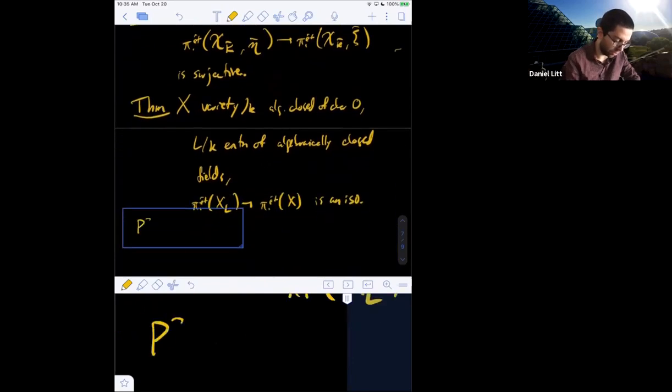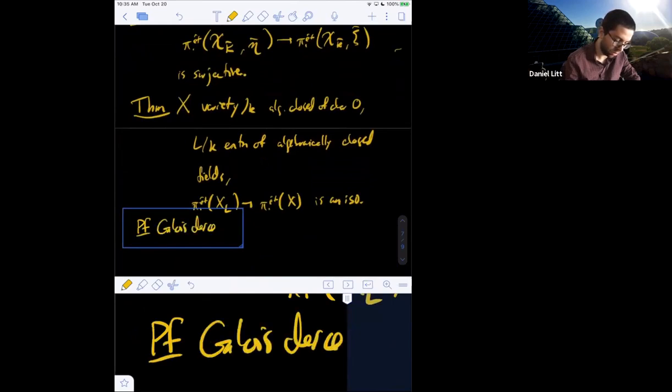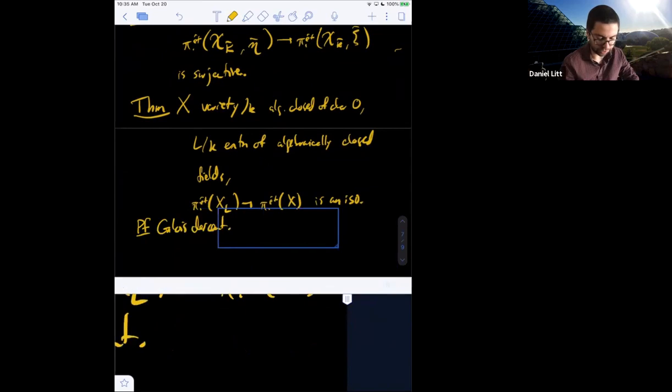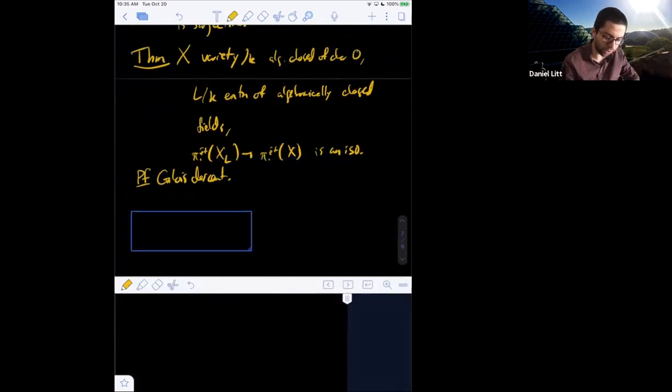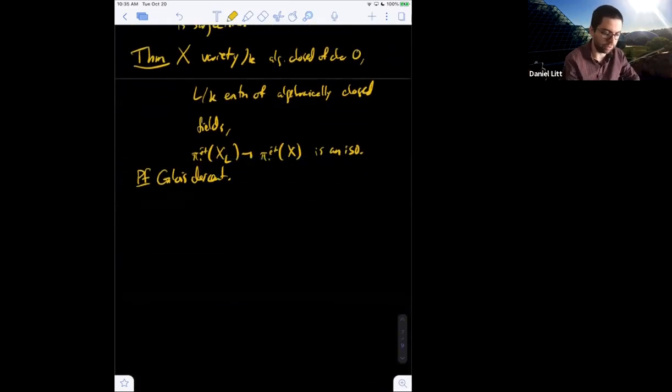Here the proof is Galois descent. The content is that one has to show that any étale cover of X_L is actually pulled back from an étale cover of X. And this follows, for example, from the rigidity of étale covers in characteristic 0. Okay, so finally now I can give you some examples. Are there questions about the statement? This is not a trivial statement, but are there any questions before I move on?